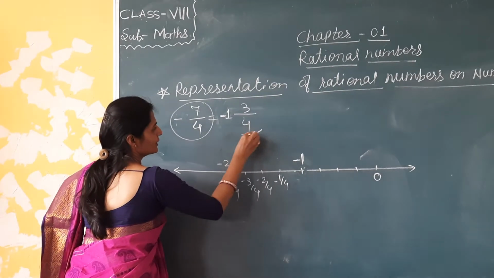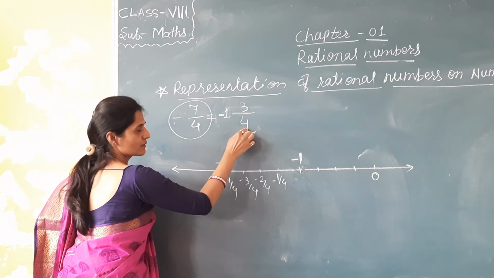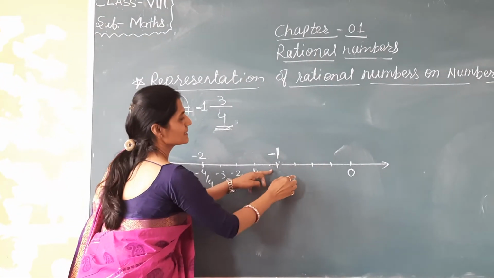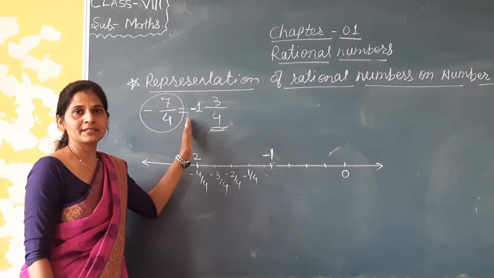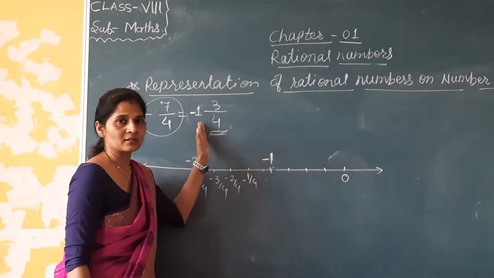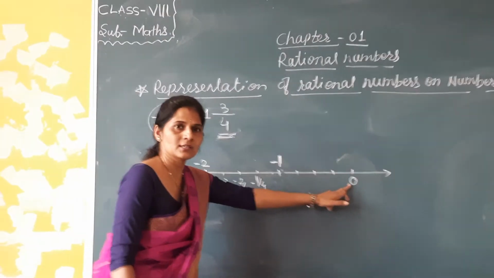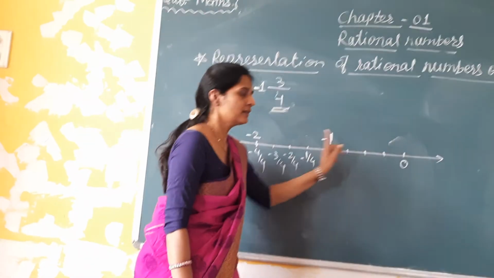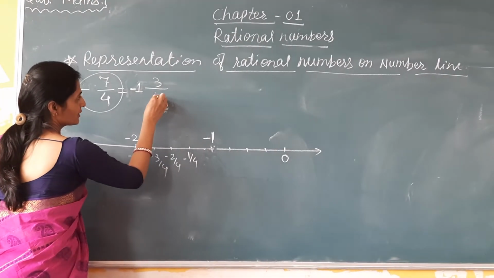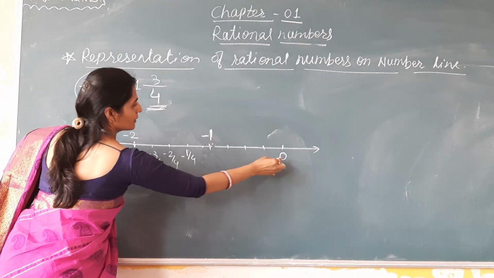Again look at the denominator. Denominator is 4. So first you convert this into 4 parts. Now because of the negative rational number, you will take this rational number left of the 0. हमको क्या करना है, 0 के left plot करना है. Again we take 4 equal parts after that 0.